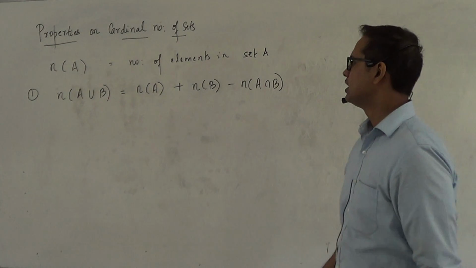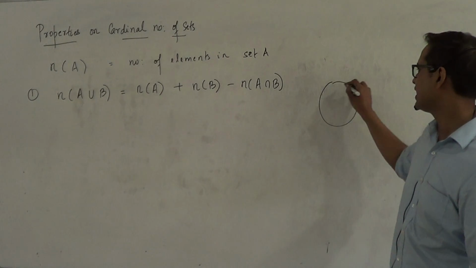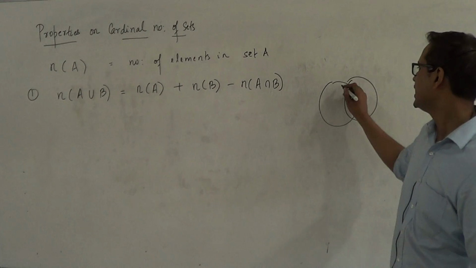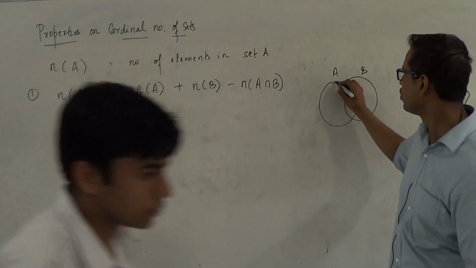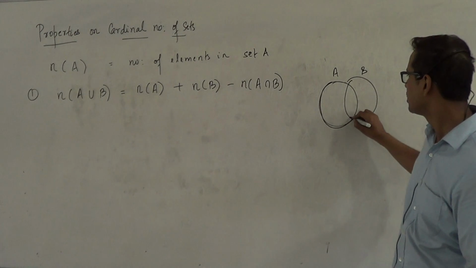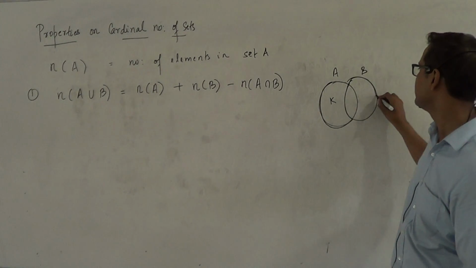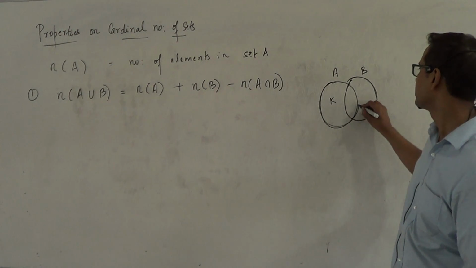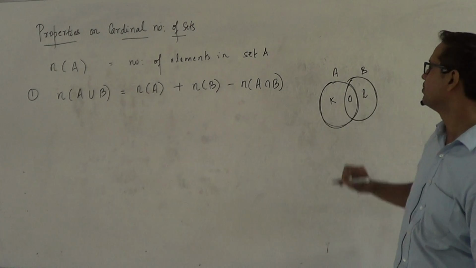Okay. Now, the proof of this is very simple from the Venn diagram. Let's say this is set A and set B. Let's say this zone contains K elements, this zone contains L elements, and this zone contains O elements.